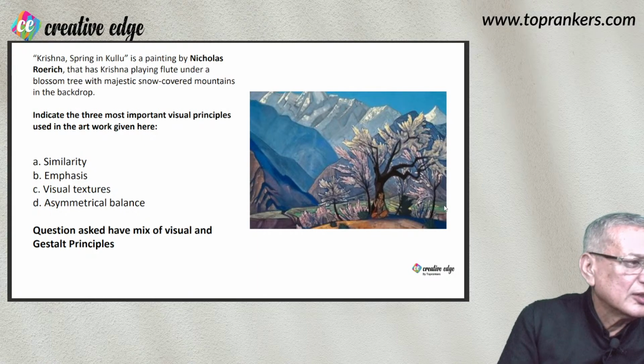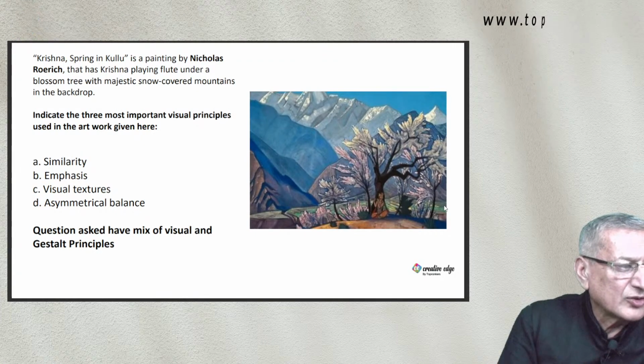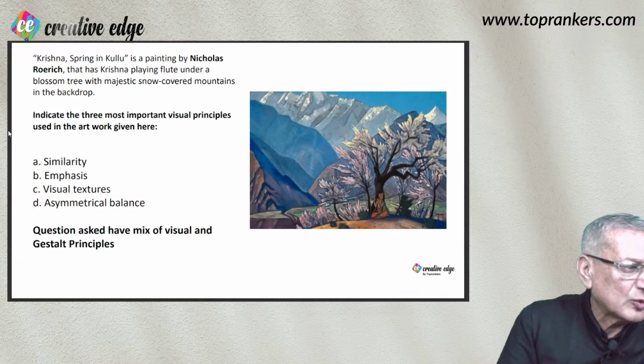Let us see. Krishna Spring in Kullu is a painting by artist Nicholas Roerich that has Krishna playing flute under a blossom tree with a majestic snow-covered mountain in the backdrop. Indicate the three most important visual principles used in the artwork given here.